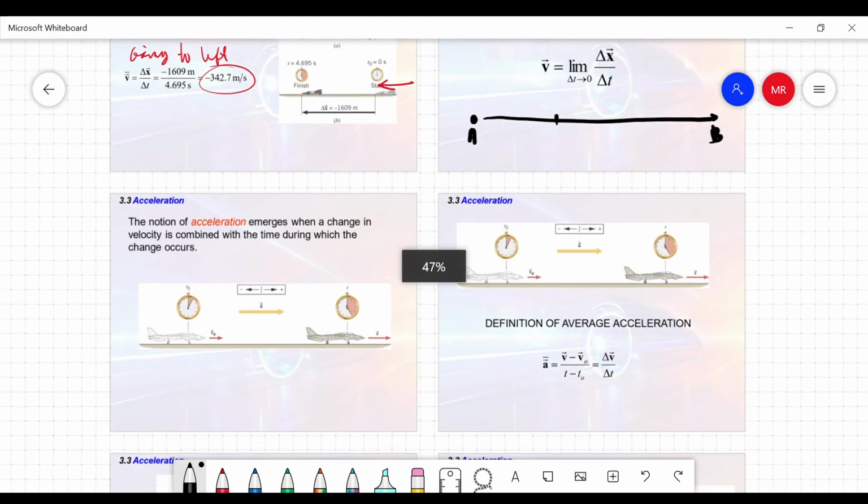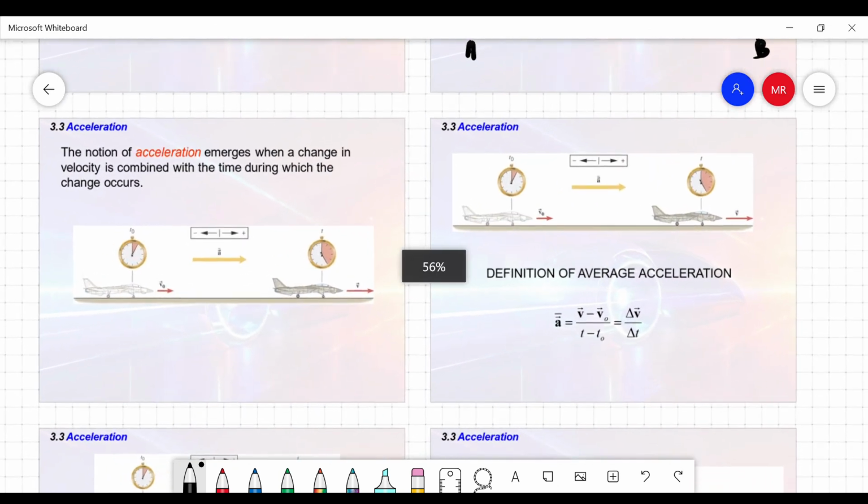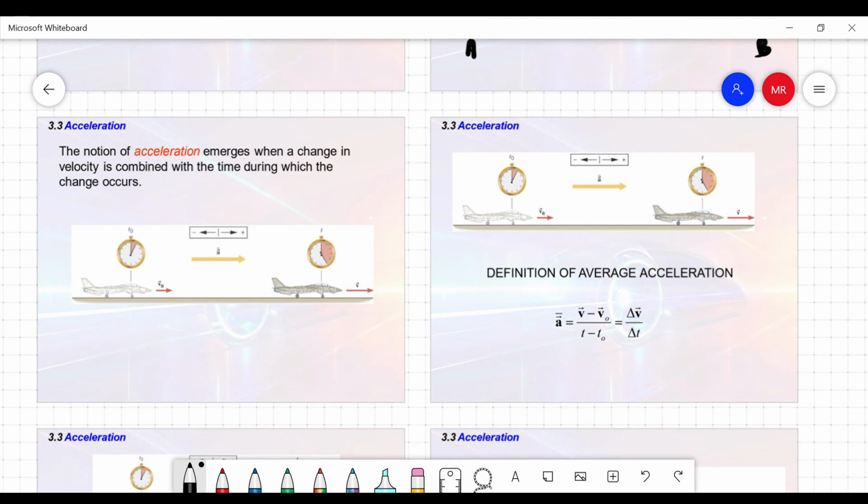So, acceleration naman. The notion of acceleration emerges when a change in velocity is combined with the time during which the change occurs.